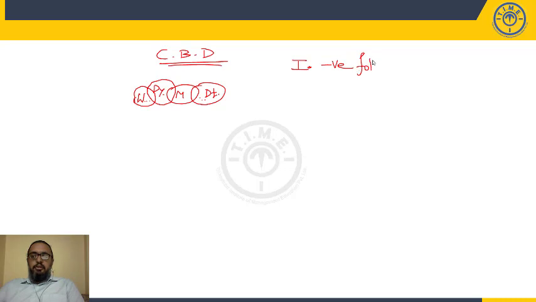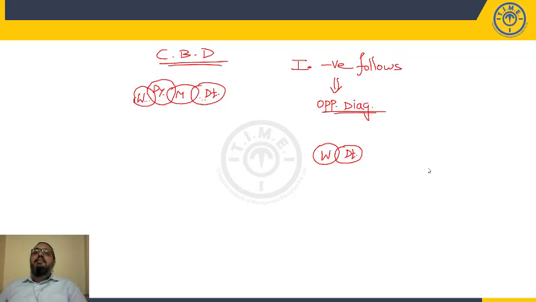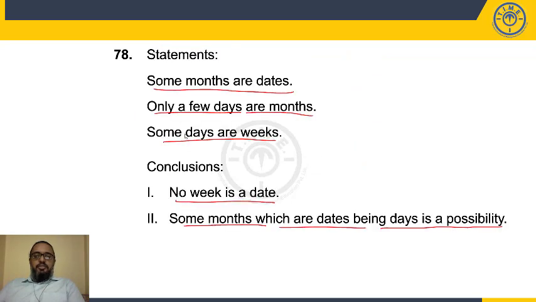So negative conclusion follows. So when a negative follows, we go with the opposite diagram, and the opposite diagram for no week is a date is some weeks are dates. Now we will see if this satisfies. Since we already have weeks and dates, let's draw that. So we have some days are weeks.